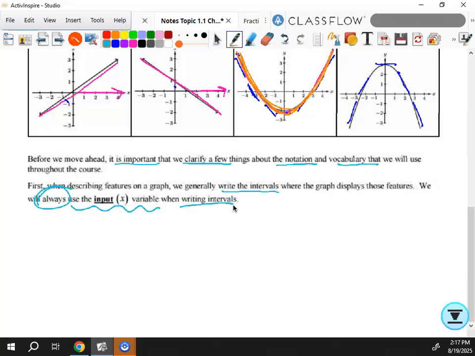So when we look at decreasing, we are looking at the output values decreasing. We talk about Y, we write about X. The only time you will write an interval of Y values is if they're asking you for the range. Everything else, we're writing intervals of the X values. Okay? Does that make sense? We're going to get to that in just a second.